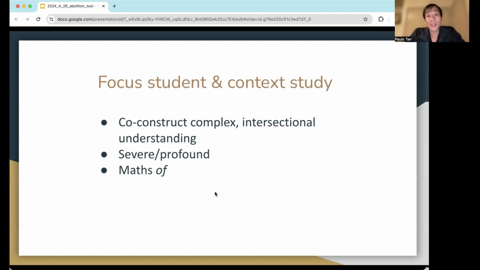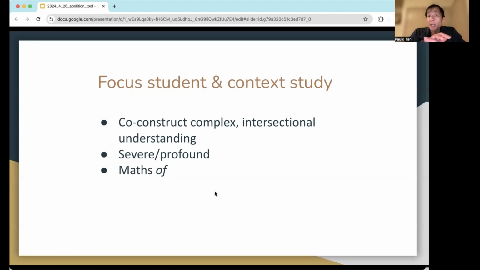Doing it alone, I think, is really difficult in many ways, given the amount of thinking, of creativity, of trying to make sense of some of these concepts.